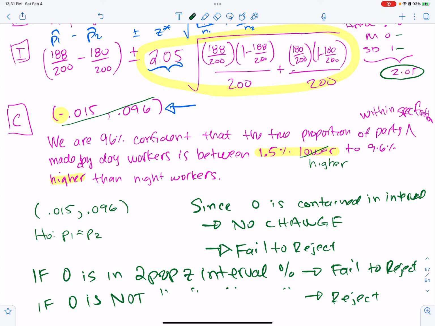And we'd say, hey, no, they're not the same. They're higher. So I need to reject this and go with this, that they are actually higher or actually different. I think we were testing if they were different. So if 0 is not in the interval, then we would reject. But if we got what we got, then indeed it would be fail to reject.